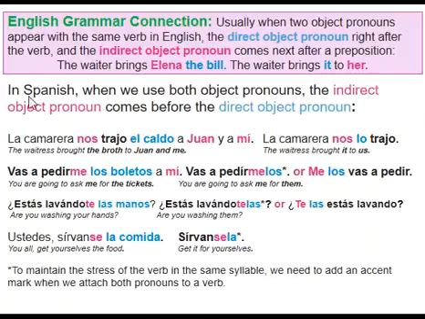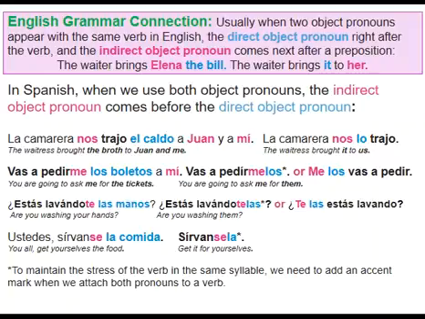The indirect object pronoun comes before the direct object pronoun when both are in the same sentence. In this sentence, remember, every time we use an indirect object, we have the indirect object pronoun, right? It always accompanies the indirect object.